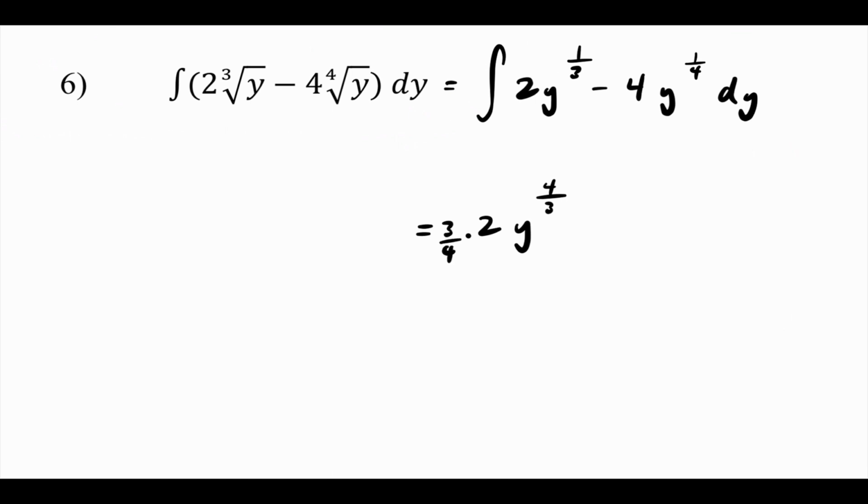Good. 3/4. Let's do it again. 4y, if I add a full power to 1/4, it becomes 5/4. Divide by 5/4, you're really multiplying by 4/5, plus C.